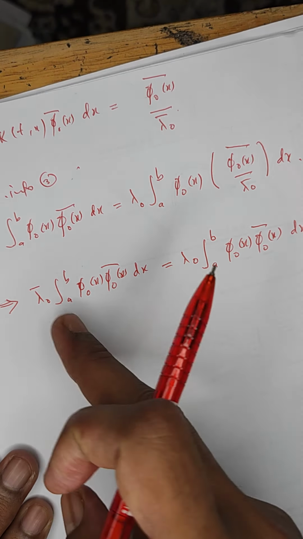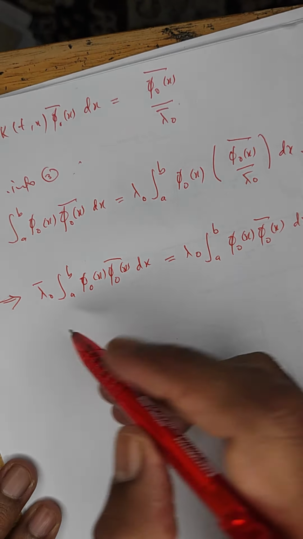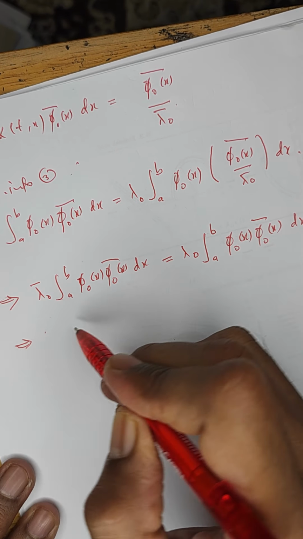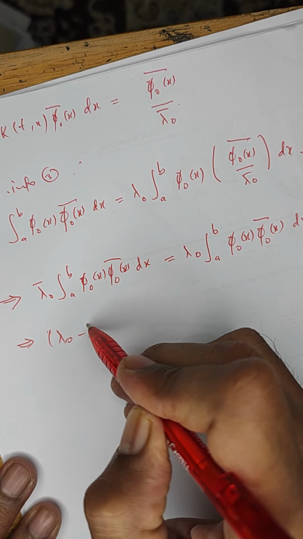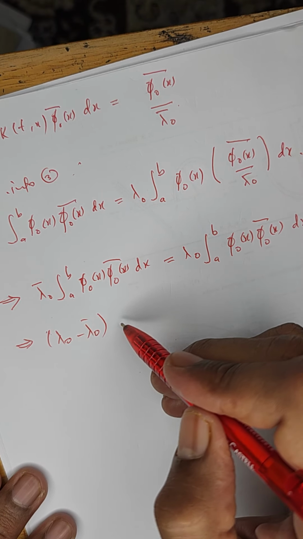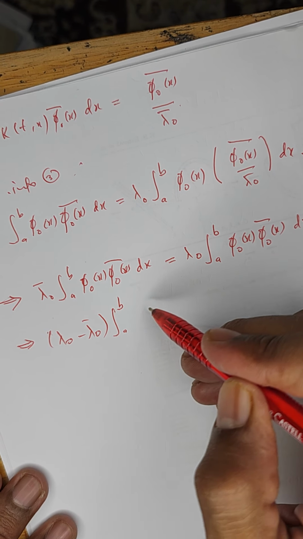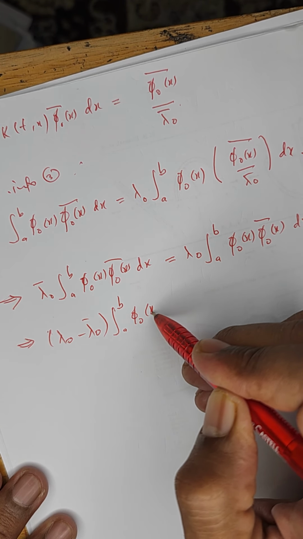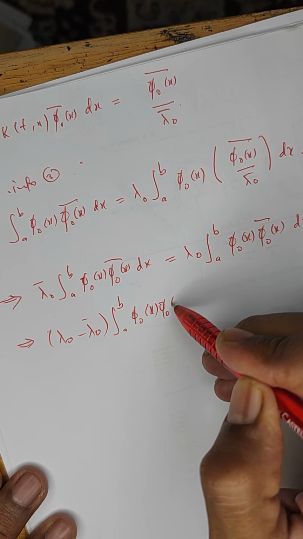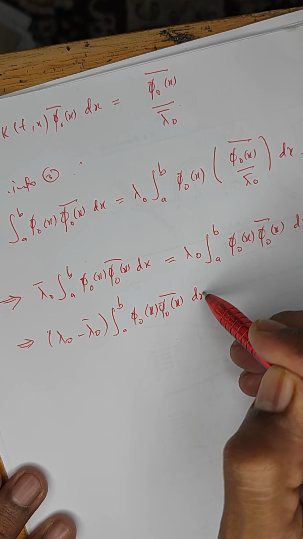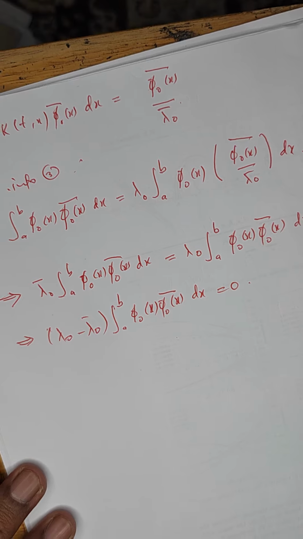Alright, and we can bring that to the other side. So you can write lambda naught minus lambda naught bar, integrate a to b phi naught x bar dx, equal to 0.